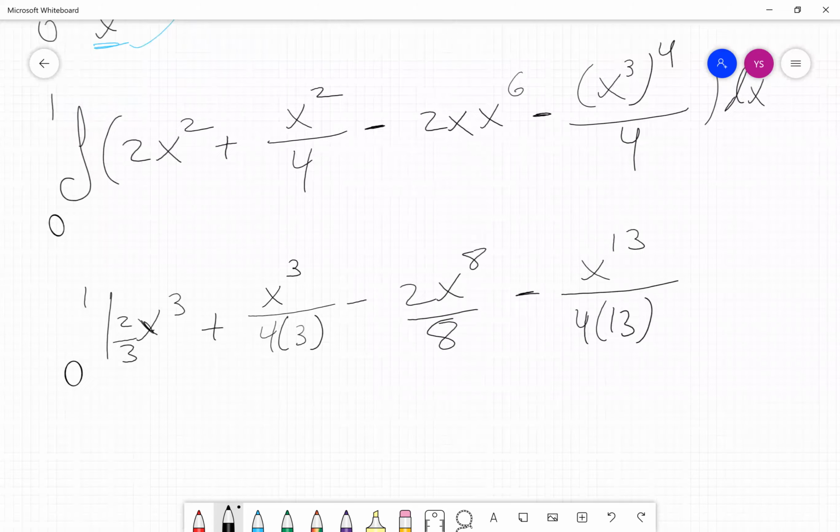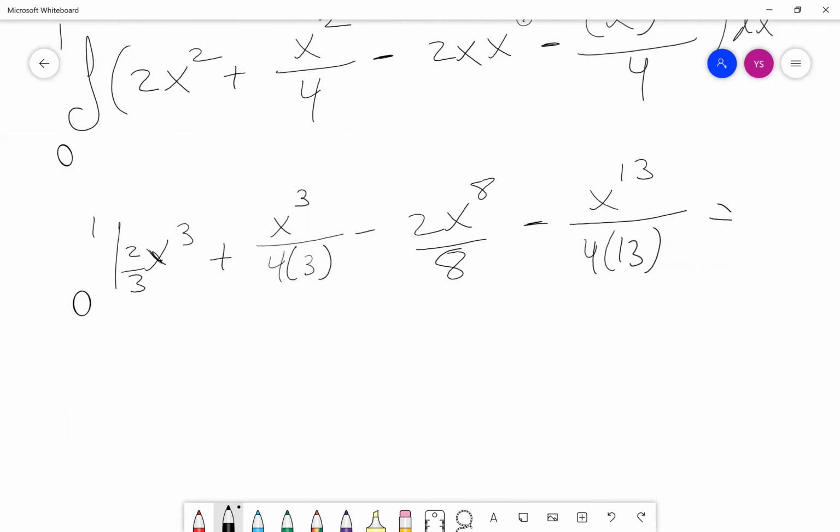When we plug in the 0, nothing happens. When we plug in the 1, we get 2 over 3 plus 1 over 12 minus 2 over 8 minus 1 over 4 times 13.